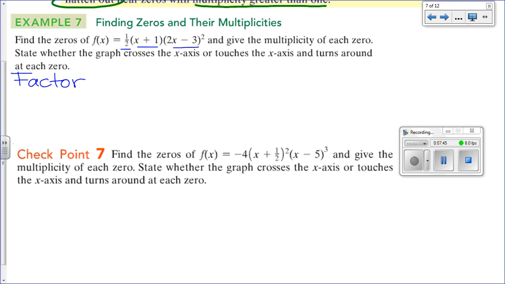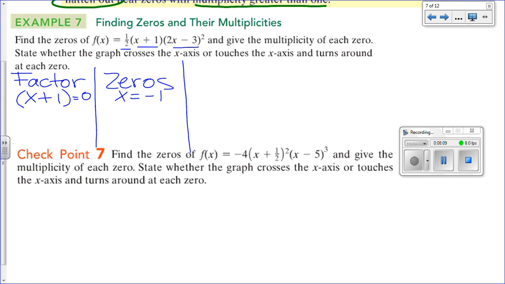So my first factor is x plus 1. If I want to find the zeros that come from it, you guys know it will be x is equal to -1, correct? If we set this equal to 0 and solve for x, it will be x is equal to -1.